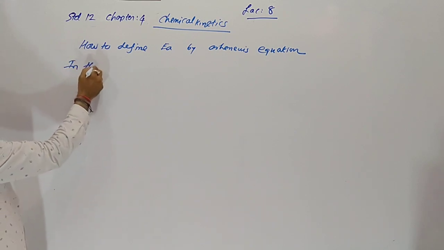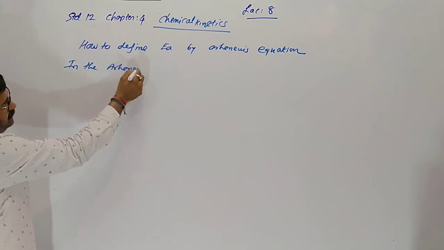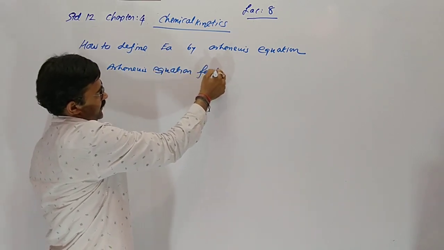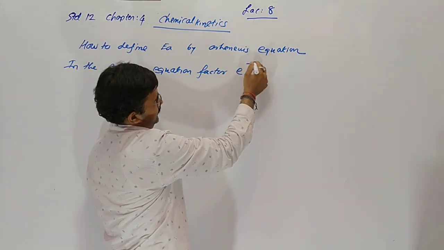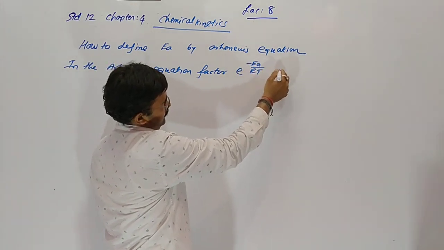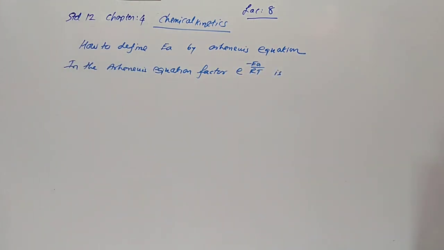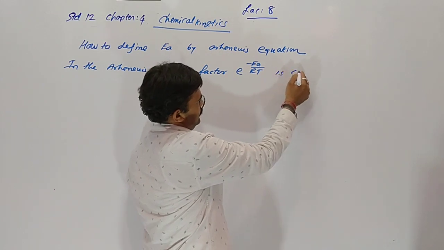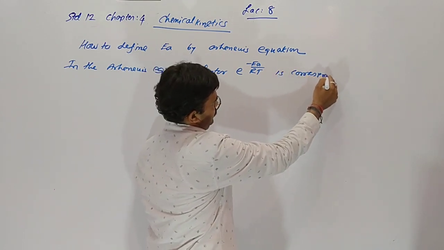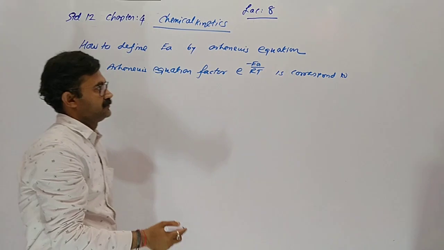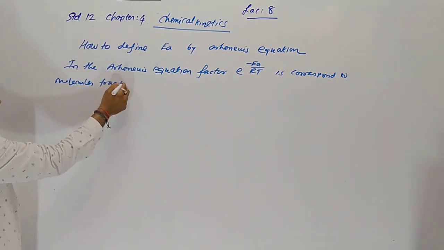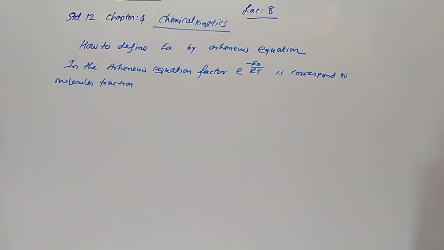Answer: in the Arrhenius equation, the factor e raised to minus Ea upon RT corresponds to the fraction of molecules. Understood?